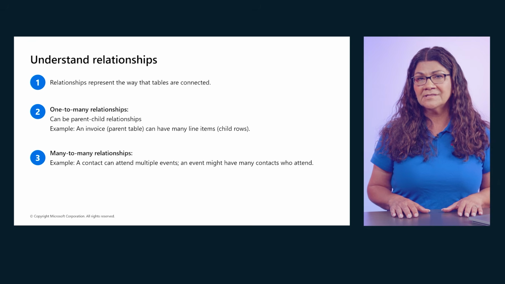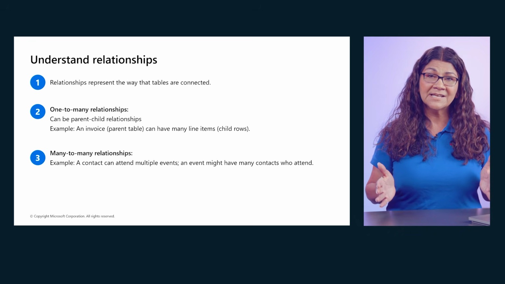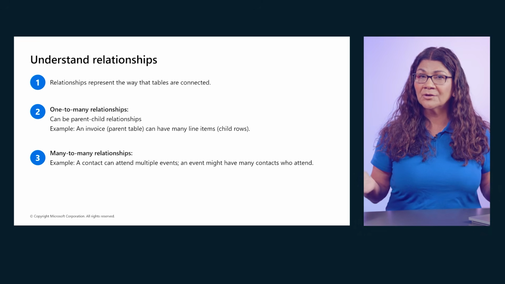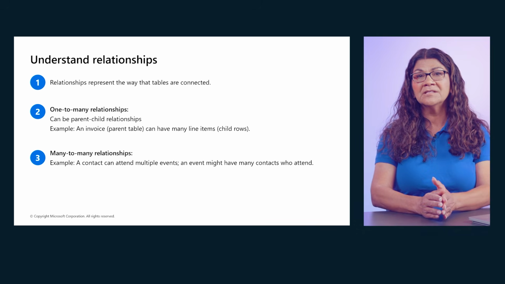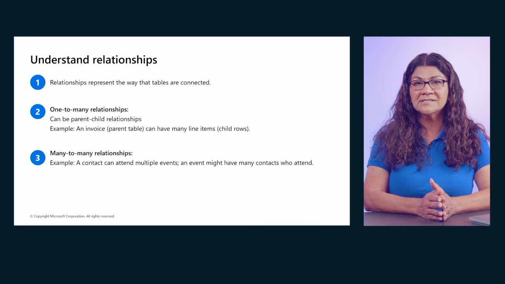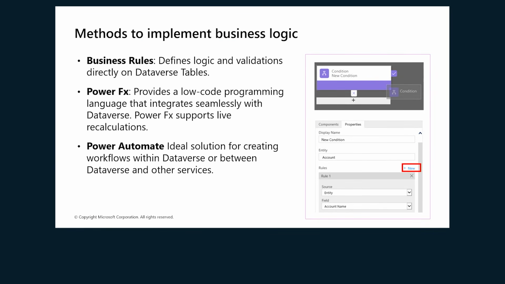The benefit of using Dataverse for relational data is that it ensures data integrity, supports efficient querying, and enables modular app development. Developers and app makers can build scalable solutions that reflect real-world relationships, while data integrators can unify data from multiple systems into a consistent relational structure.